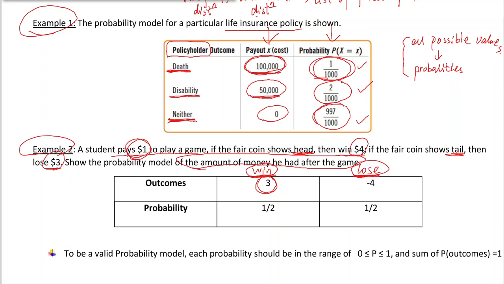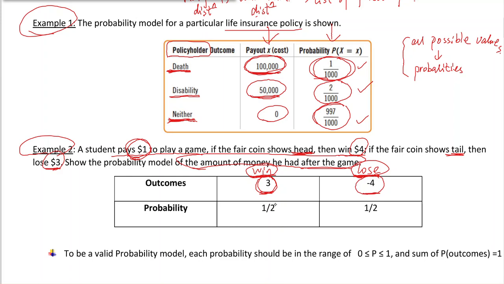So actually what this student has after the game is negative $4 because he lost $4, right? We use negative to represent it, right? So either have the $3 or lose $4, and then we will list their corresponding probability.